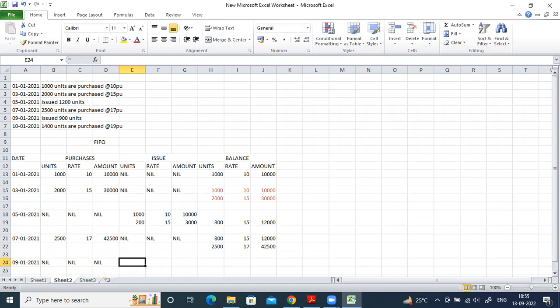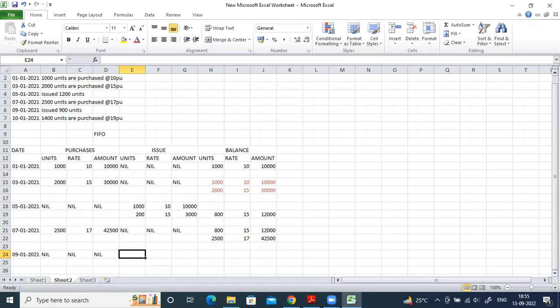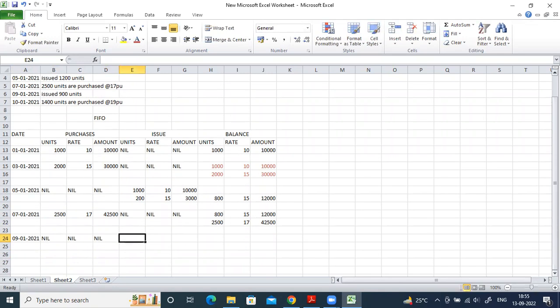So how we need to record the issue now? You can take your time, because on 9th January we issued 900 units. So how these 900 units need to be recorded?